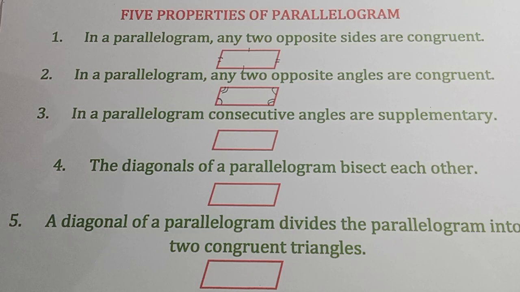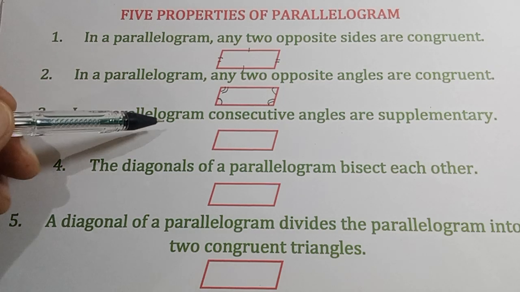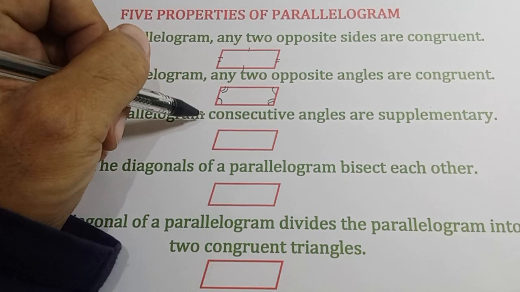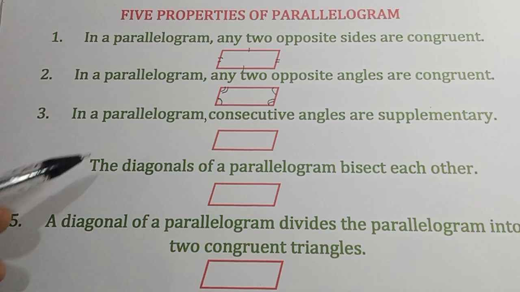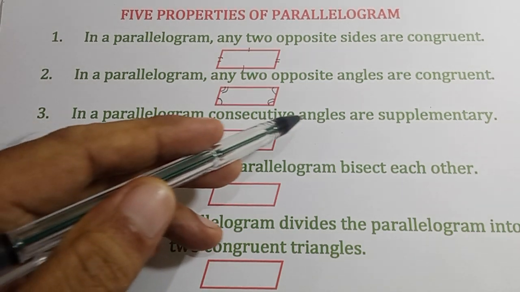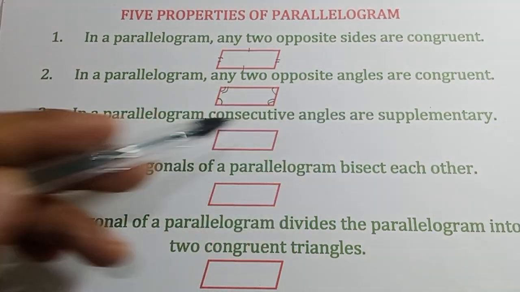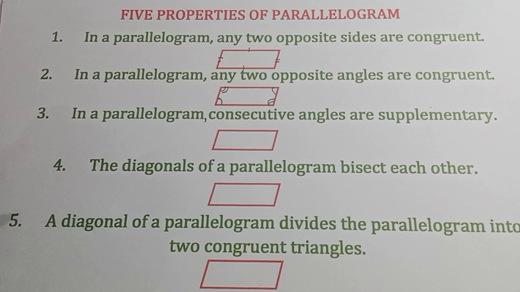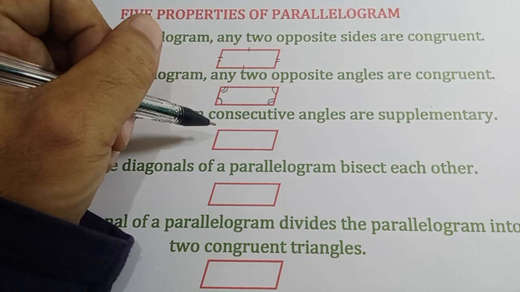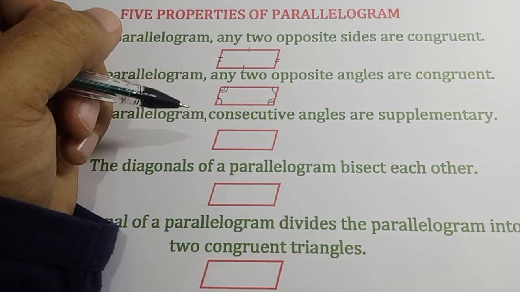The third one is this. In a parallelogram, consecutive angles are supplementary. When we say supplementary, the angles have a sum of 180 degrees.